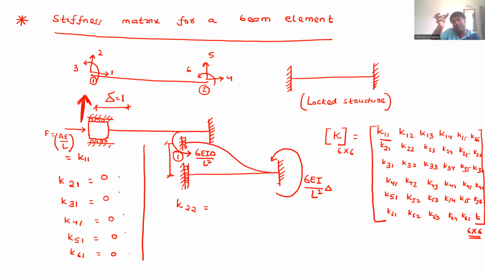This 6EI delta by L square is trying to rotate the beam in which direction? Anticlockwise. So, to prevent that, a clockwise couple is required such that it will come into static equilibrium. So what will be the value of these forces?